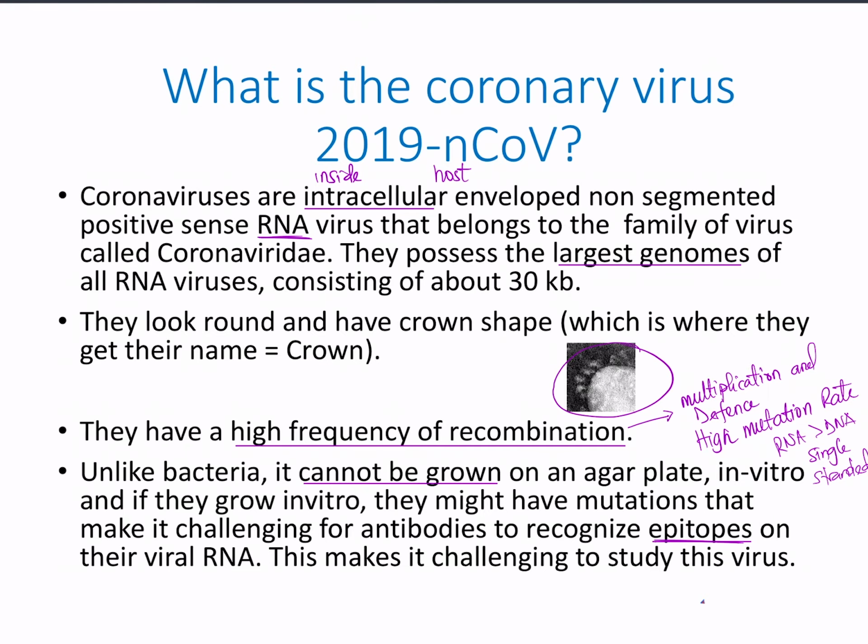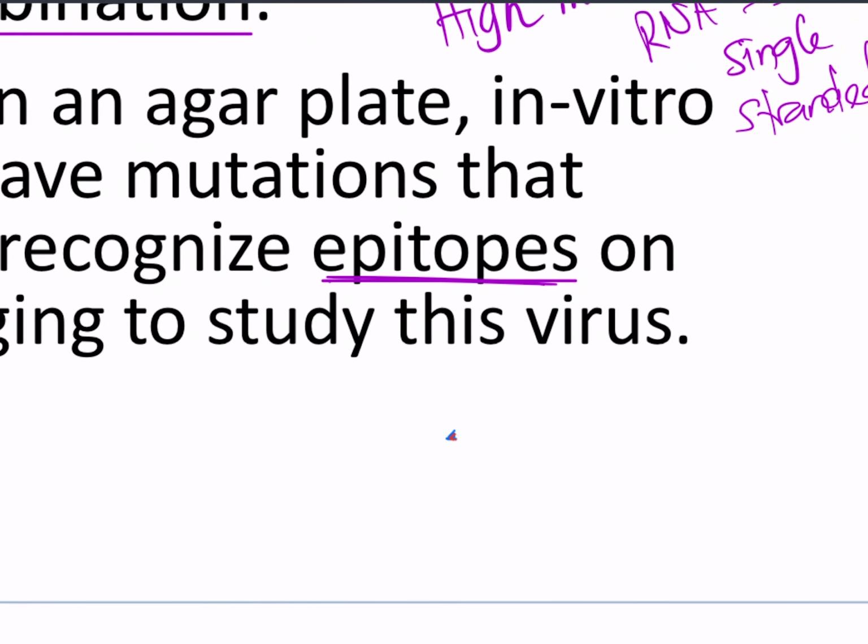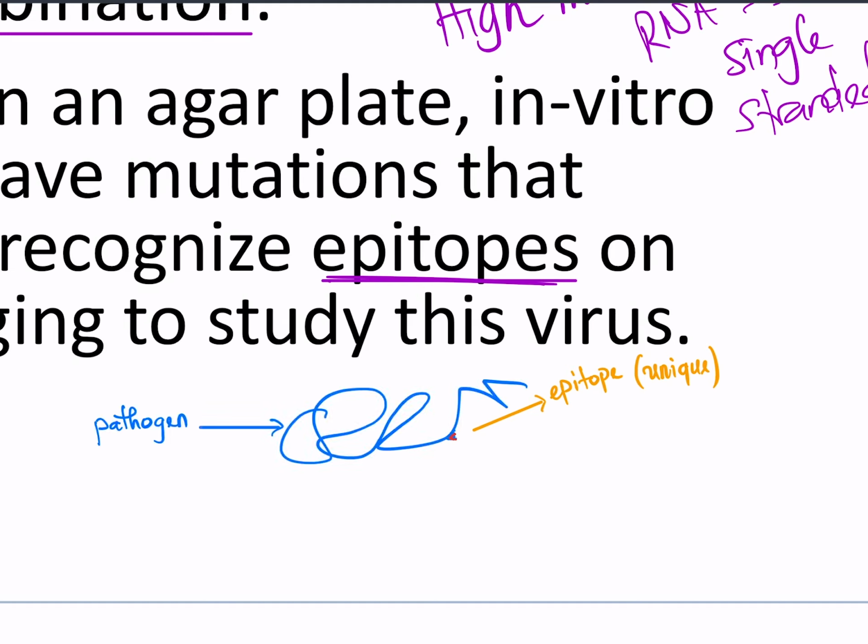Epitopes are regions on pathogens that your antibody can recognize and bind to, in order to eliminate the pathogen. So once this epitope is changed, it makes it difficult for your drug to work because it doesn't recognize the new epitope that has been formed.